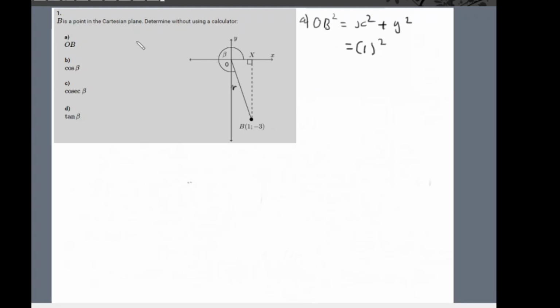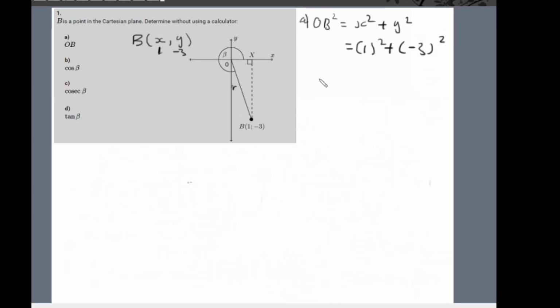Remember the way we write coordinates, for the coordinates of P, the first value is always x, the second one is y. So in this case x is 1, y is minus 3.